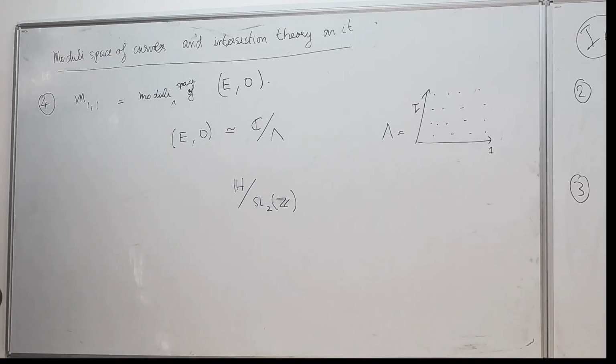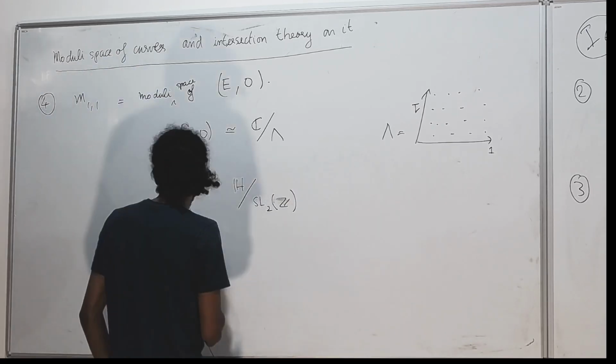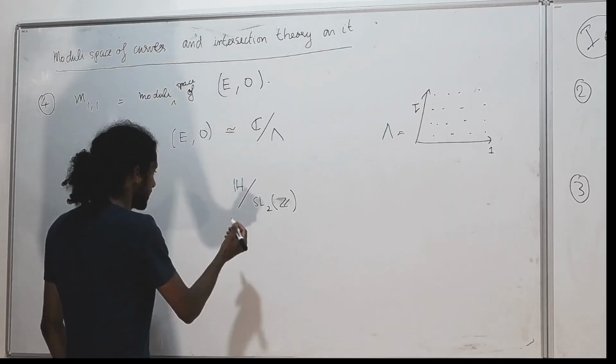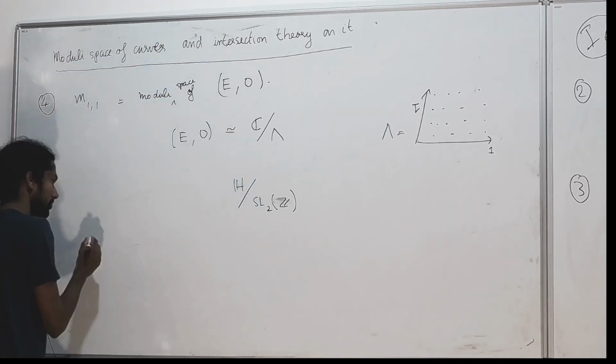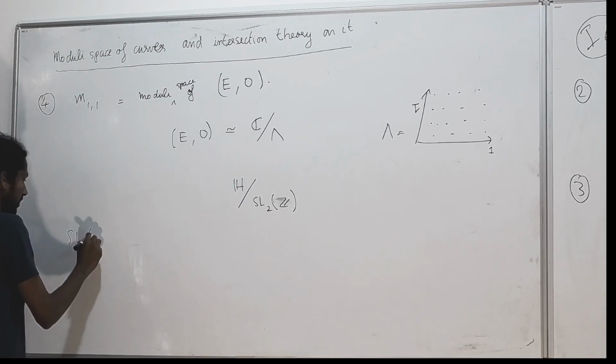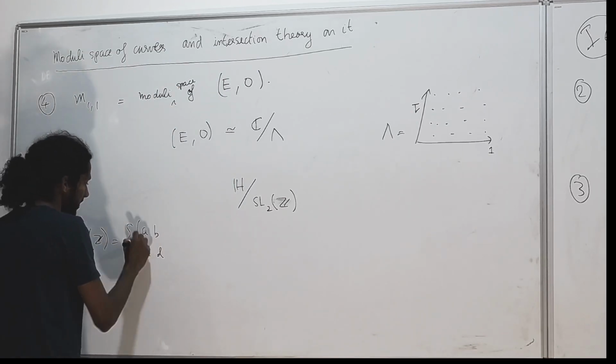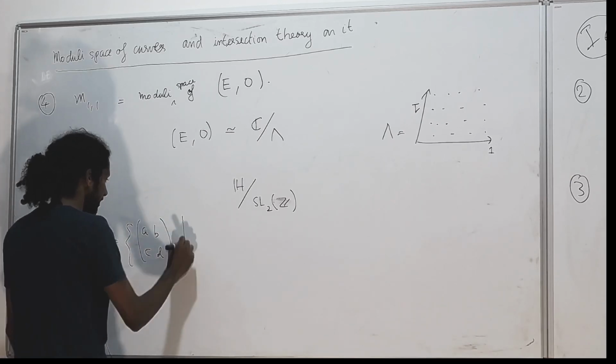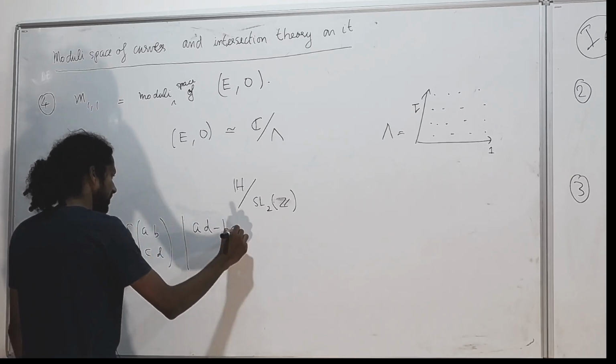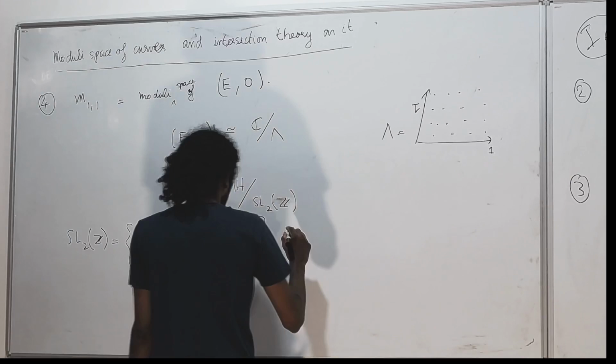How does SL2Z act? Remember, it's just matrices ABCD such that AD minus BC is 1. And how does it act?